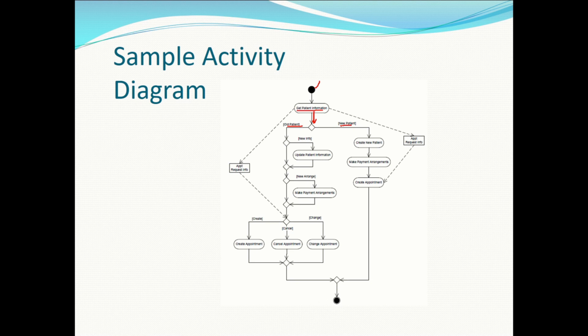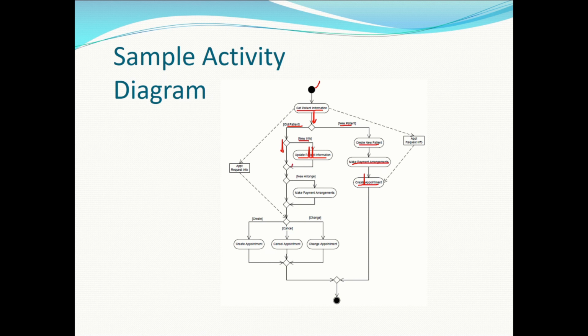If he's new, he needs to create a new patient file and make the payment and create an appointment. If he's an old patient, then we have to say, if he has new information, then we need to update the information. If there is no new information, it's the same information, then continue.